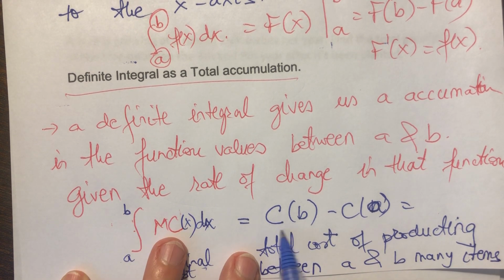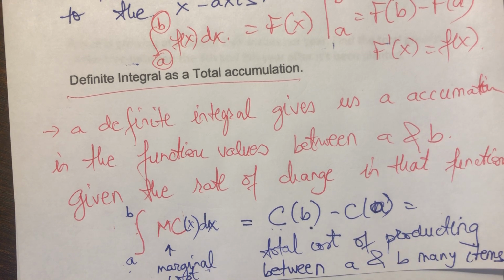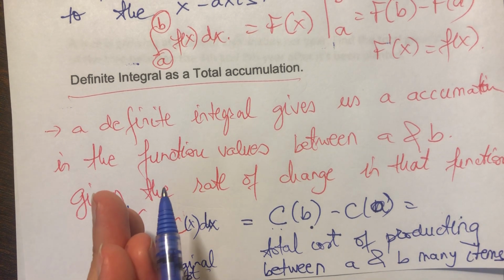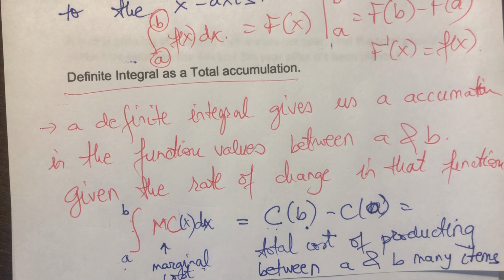So in other words, how much did it cost to produce, let's say that's 100 and that's 200. How much did it cost to produce 200 minus how much did it cost to produce the first 100 items? So it's the cost of producing between item 100 and item 200, right? So what was the cost of that.